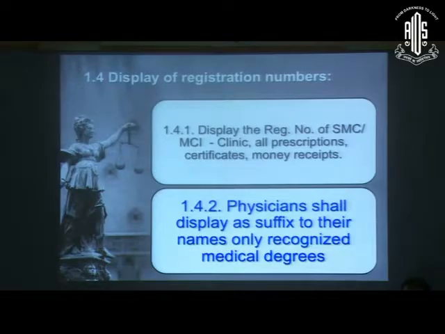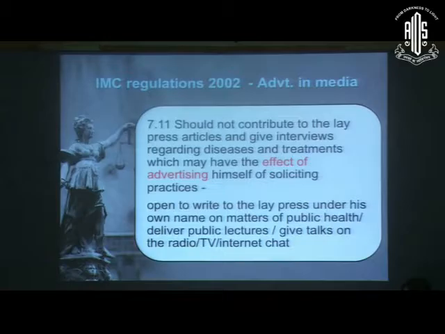You need to display your registration number. All prescriptions, certificates, money receipts should carry your registration number. You can suffix only the medical council recognized degrees. You can't add all degrees to your name.